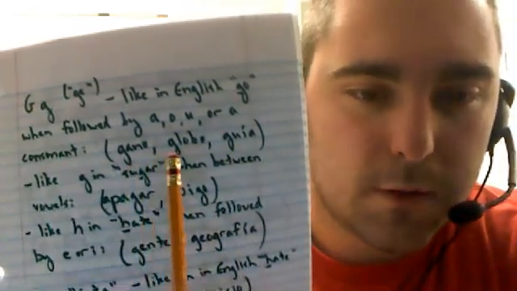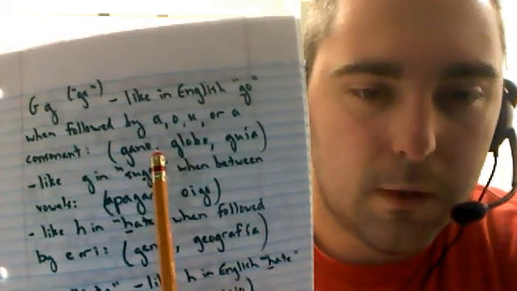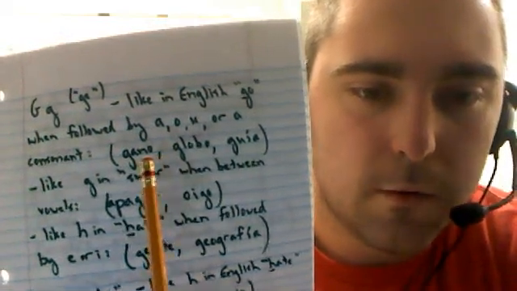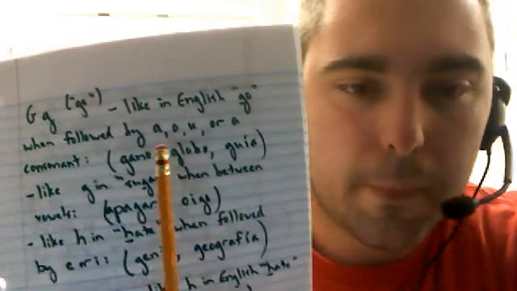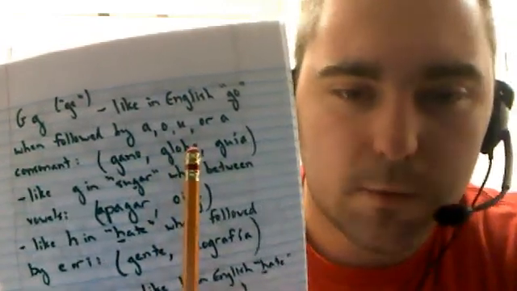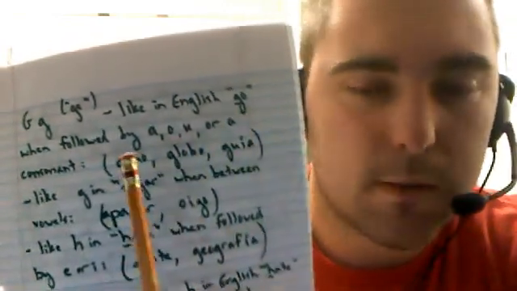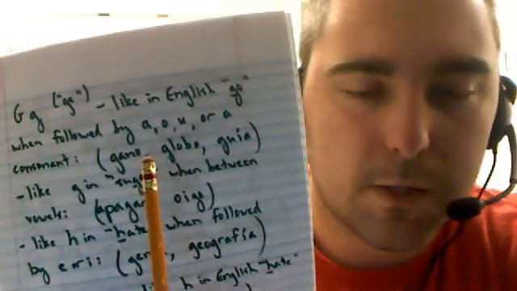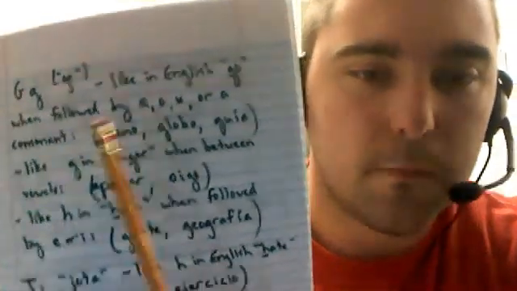It's also pronounced like this when it's in the form GUE, like in the word pague, as we saw in the previous lesson with the pronunciation of vowels for U.